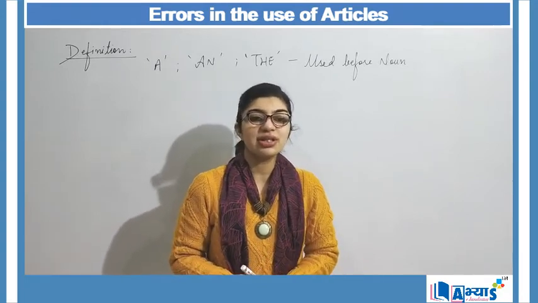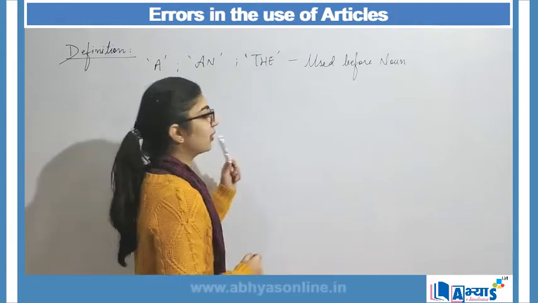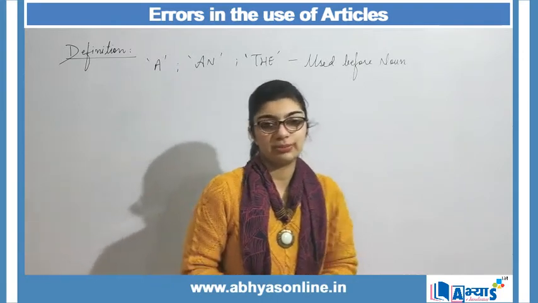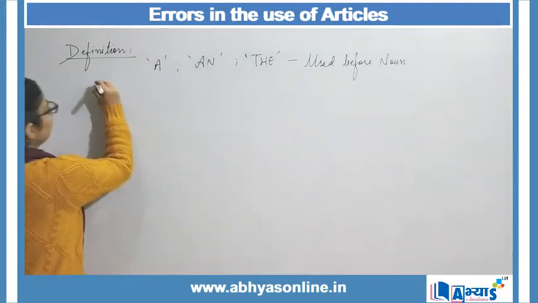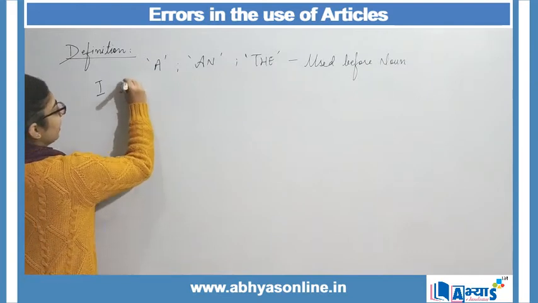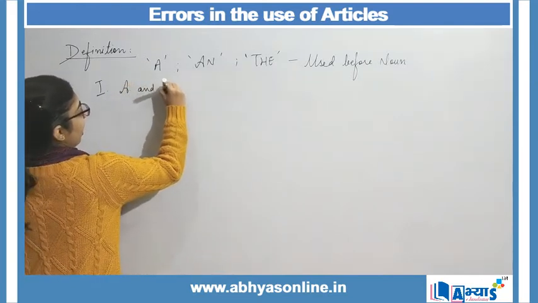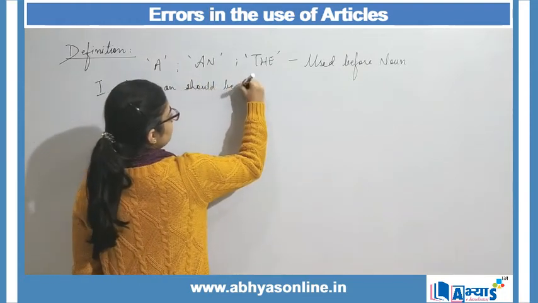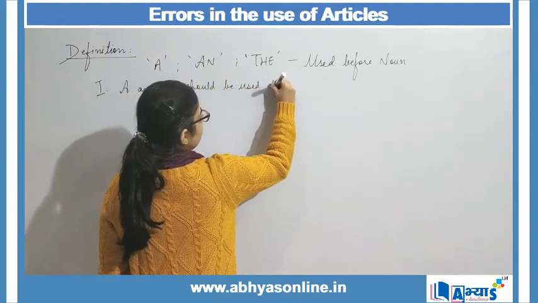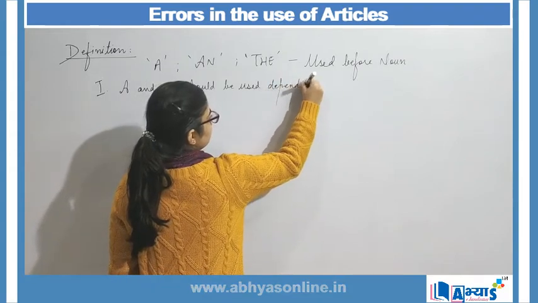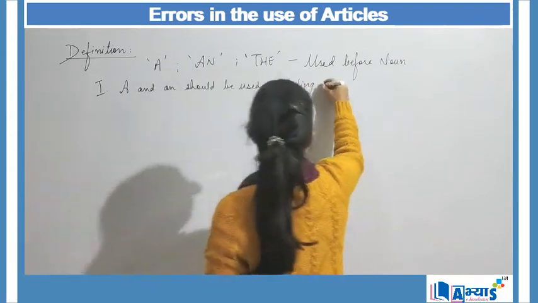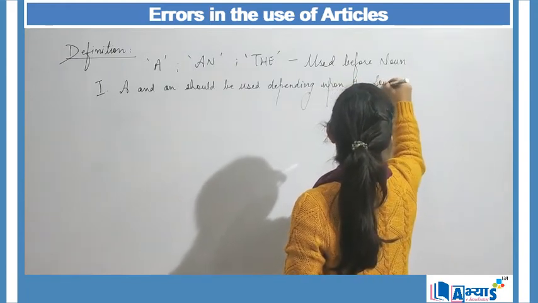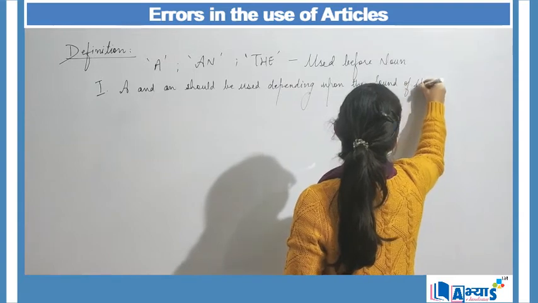The first concept is that we make use of the article a and an depending upon the sound of the word.